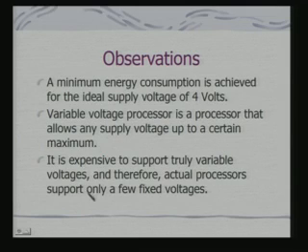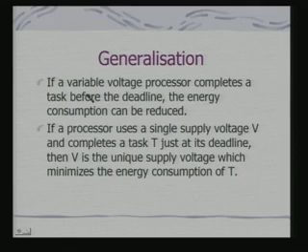Therefore, actual processors support only a few fixed voltages, and you have to switch between these fixed voltages. Okay. So, some generalizations can be drawn from this: if a variable voltage processor completes a task before the deadline, the energy consumption can definitely be reduced.